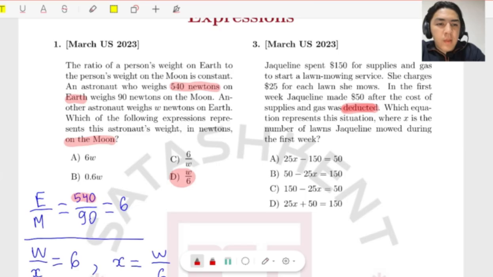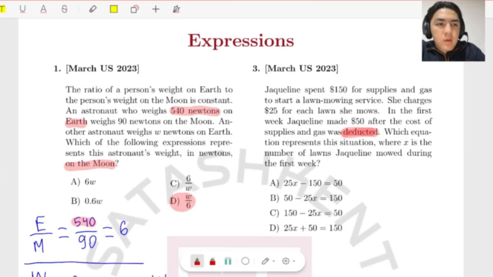Deducted means subtracted. We can say it like minus. Which equation represents the situation where x is the number of lawns Jacqueline mowed during the first week?